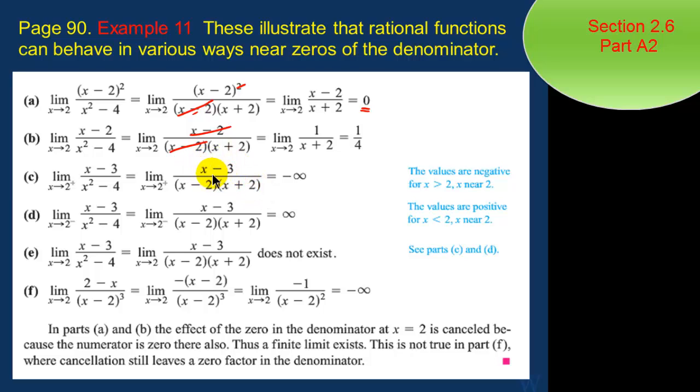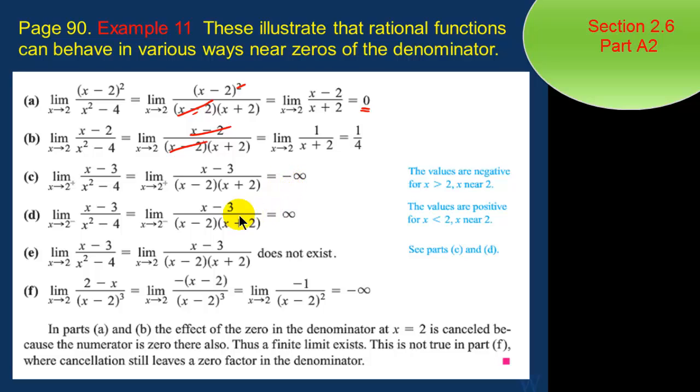If I let x approach 2 from the right, this will still be negative and this will be positive and positively close to 0. So negative divided by positive close to 0 will approach minus infinity.